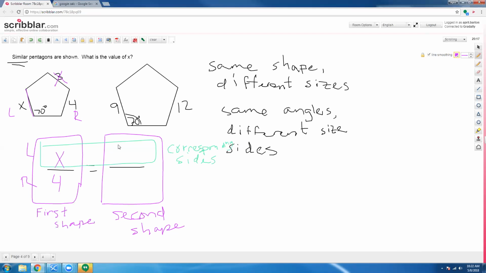Good. 9 over the 12. As you practice these proportions, you'll get much more confident about setting up what order goes where. You just have to really keep in mind, I can't stress it enough, that you have to keep those matching and corresponding pieces together so that you set up your proportion correctly.